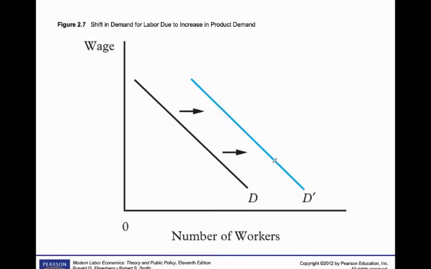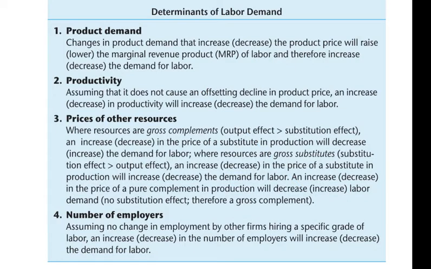There is also another important concept, that is the shift of the demand curve. And this demand curve can shift to the right or it can shift to the left. There are many factors that can result in the shift of the demand curve other than the change in price. What are the factors that can shift the labor demand curve?